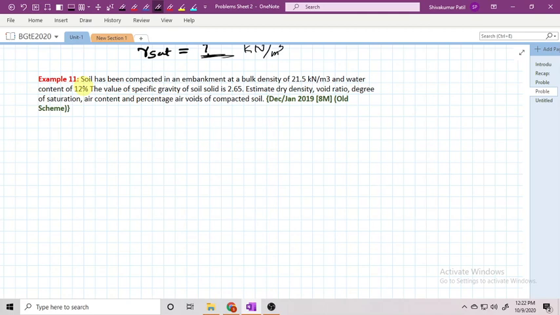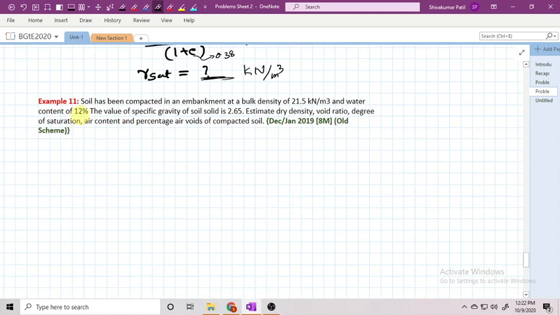The soil has been compacted at a bulk density, gamma bulk, of 21.5 kilonewton per meter cube, and the water content is 12%.